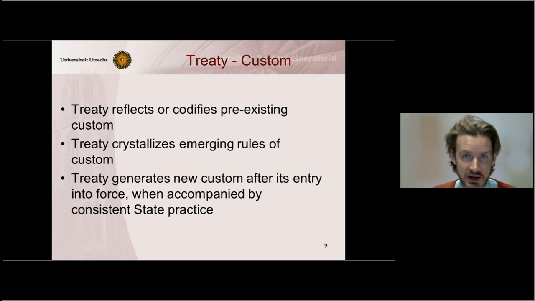And that is especially the case if states not party to the treaty nonetheless act in conformity with the rule. So this scenario the court looked at in considerable detail, and the court acknowledged that it's possible that a treaty might be creative of a norm of customary international law, but only under certain conditions.